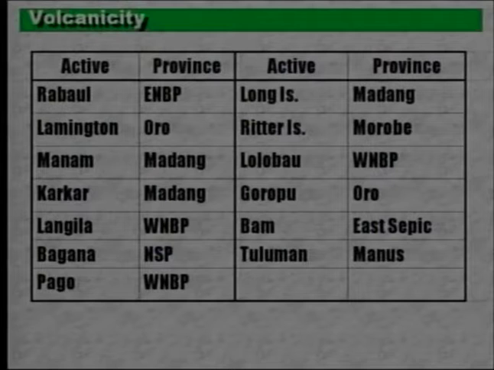Long Island, Madang. Rita Island, Morobe. Lolobau in West New Britain province. Goropu in Oro province. Bam in East Sepik province, and Tuluman in Manus. Those are the active volcanoes in the country and the provinces they are located in, which is what you were supposed to complete for your homework.